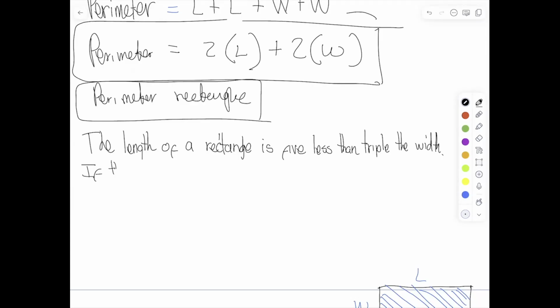If the perimeter is 62, find the dimensions.